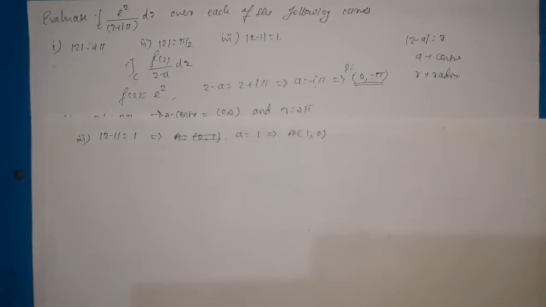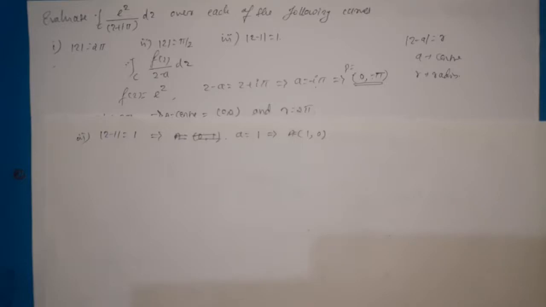So here whatever the points are given, they are all complex variables, so therefore they will be in the form of a plus ib. So therefore we need to consider real part and imaginary part separately.